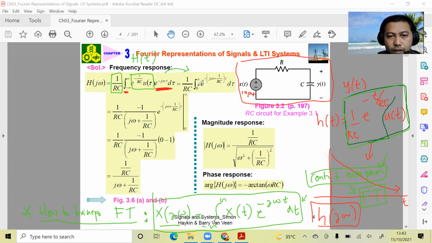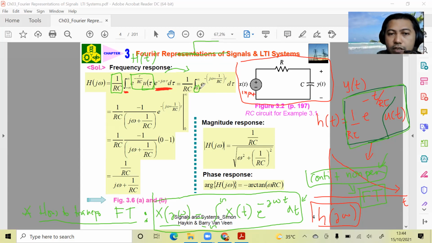If you notice that the limits change from minus infinity to zero, why? Because of this function, the unit impulse. Do you remember that the unit impulse only exists when t is greater than zero? When t is less than zero, the signal is zero, so we can ignore.